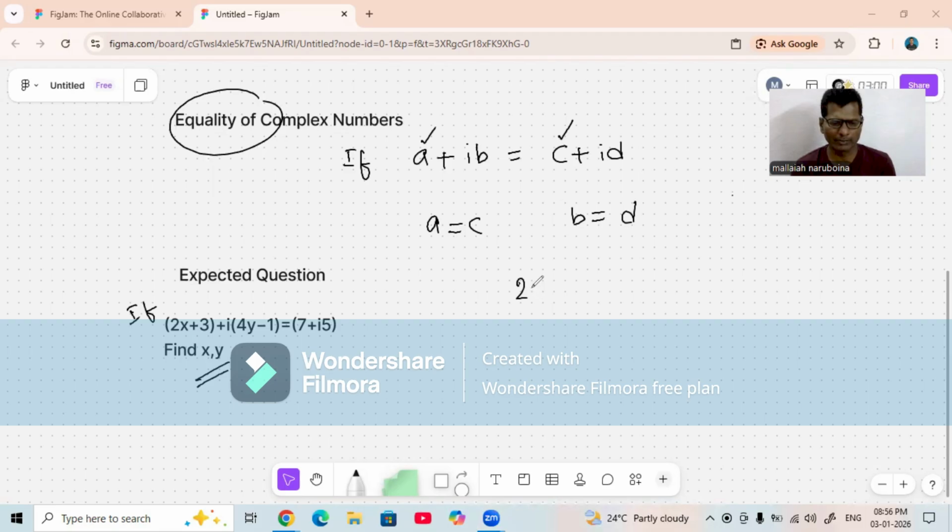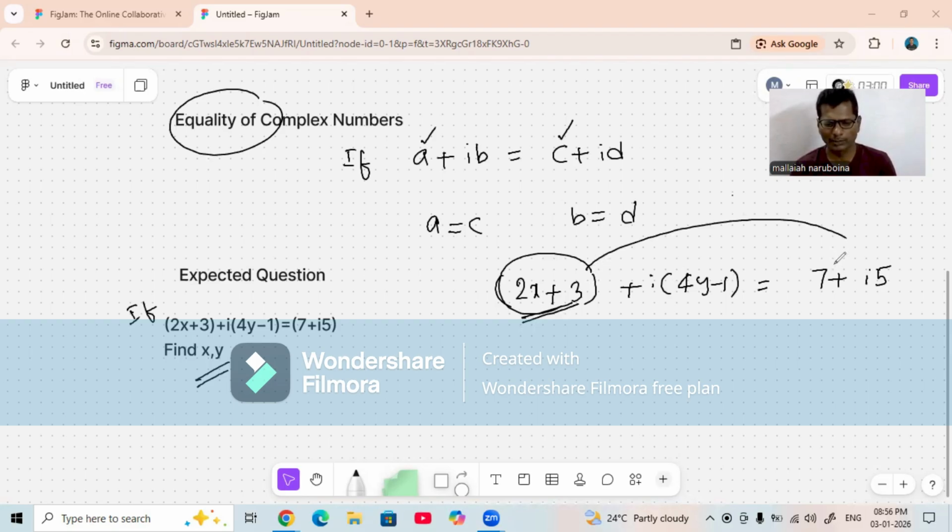I am writing this equation: 2x plus 3 plus i into 4y minus 1 is equal to 7 plus i5. See, here in 2x plus 3 there are no i's, so this is equal to this real part 7. That means 2x plus 3 is equal to 7.